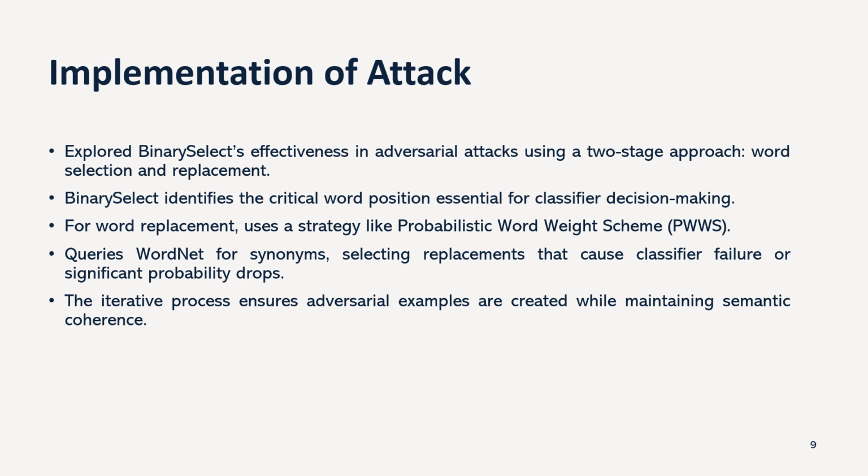For the word replacement, we adopt a strategy similar to PWWS, the probabilistic word weight scheme, querying WordNet for synonyms and choosing replacements leading to classifier failure or significant probability drop. This iterative process enhances the adversarial example creation while maintaining semantic coherence.